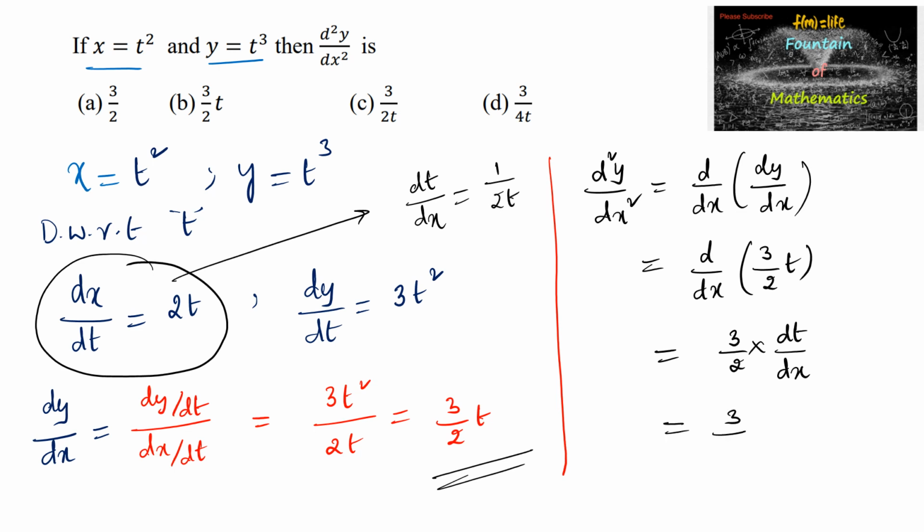So 3 by 2 into dt by dx, which is 1 upon 2t, is 3 by 4t. So we can write d square y by dx square is equal to 3 upon 4t, which is our option D.